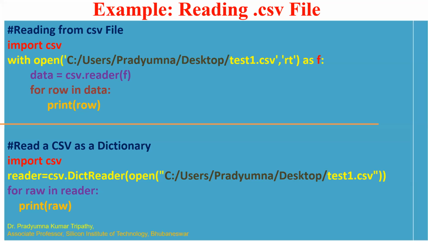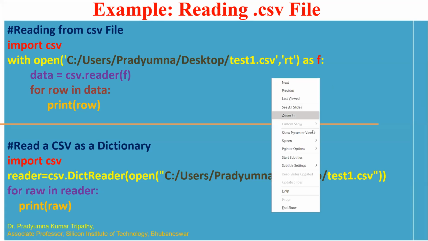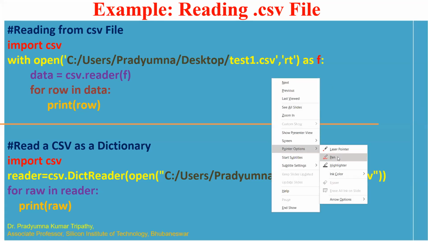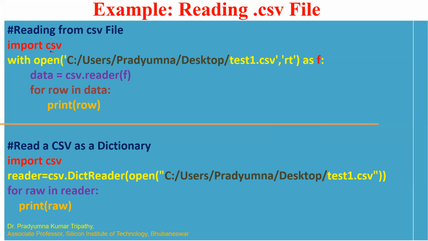So there are two things we'll read over here. One is reading from the CSV file and the other is how to write data into the CSV file. For reading from the CSV file, you have to import a module, the CSV module. Look over here, import csv.